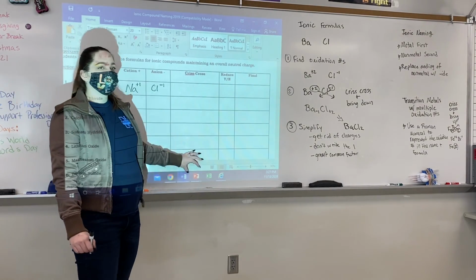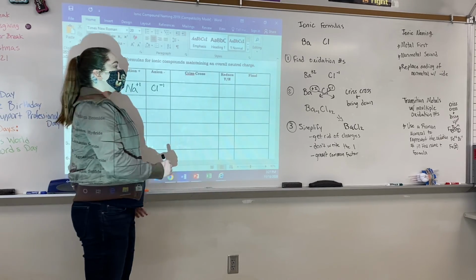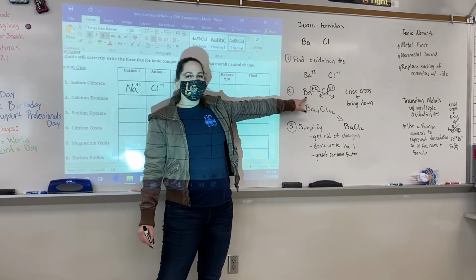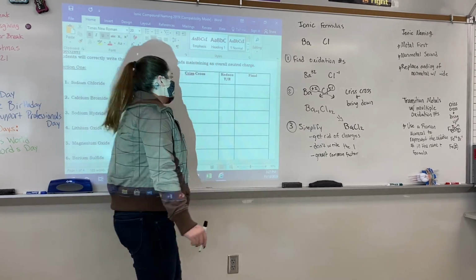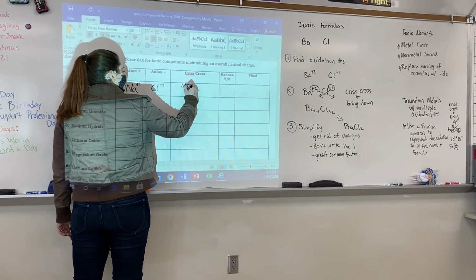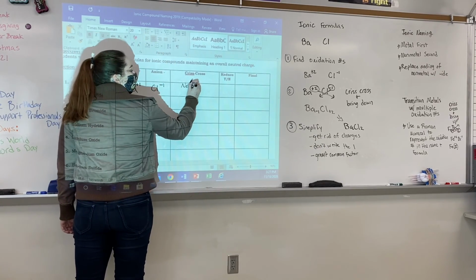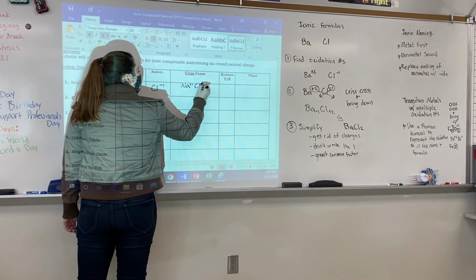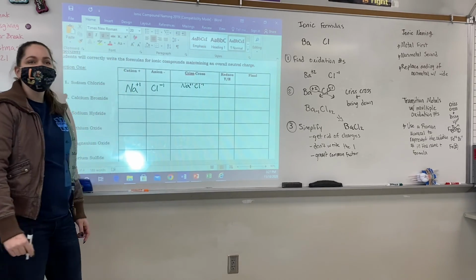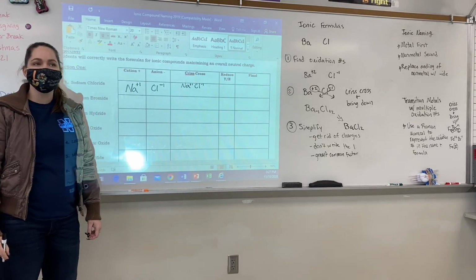For this column, you are going to show me the crisscross and the bringing it down. So you write it as exponents first: Na plus 1, and then Cl minus 1. So your oxidation numbers are written as exponents.